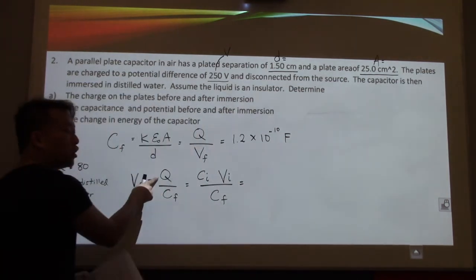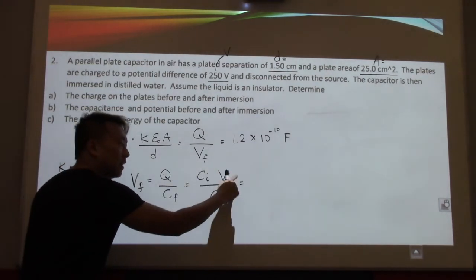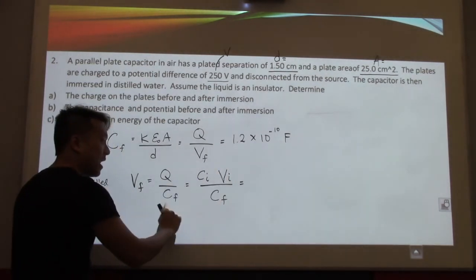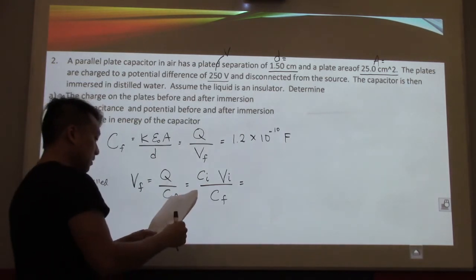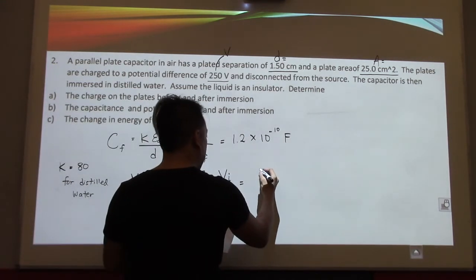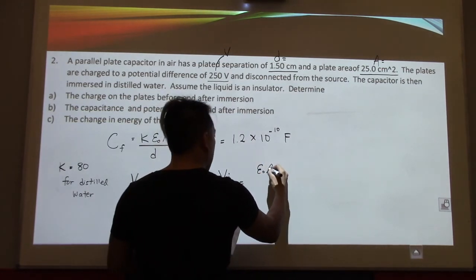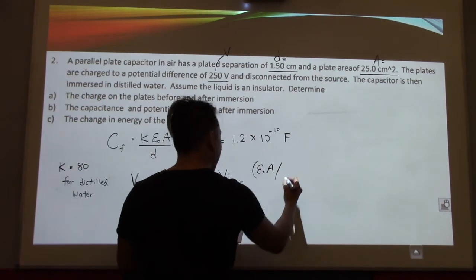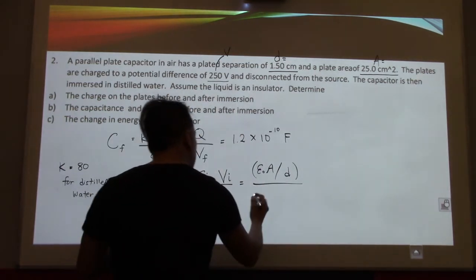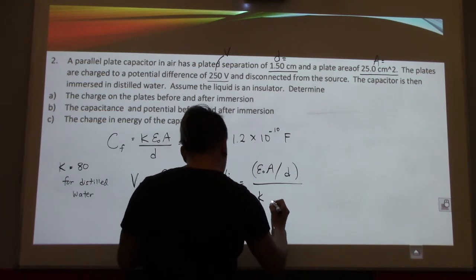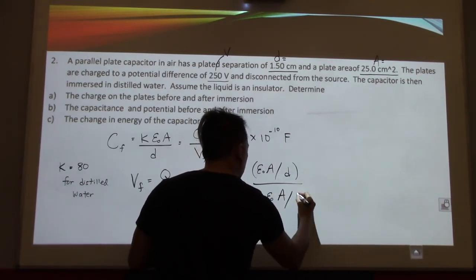The charge remained the same before and after immersion, so I'm going to use the values that I know. And therefore we get epsilon naught A over D over K epsilon naught A over D.